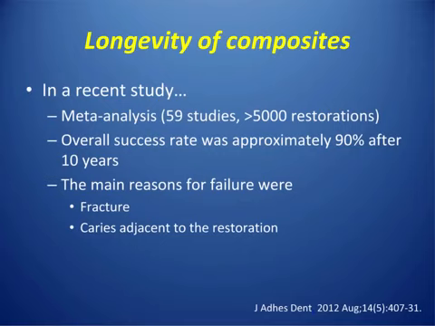We take a look at a 2012 study here. One of the main reasons we look at composites compared to amalgam-based dentistry is the comparison of longevity rates. We can have composite studies that show us very good longevity rates, especially when we look at the categories for why things fail, based on fracture or caries.